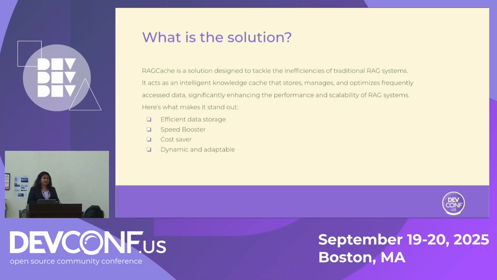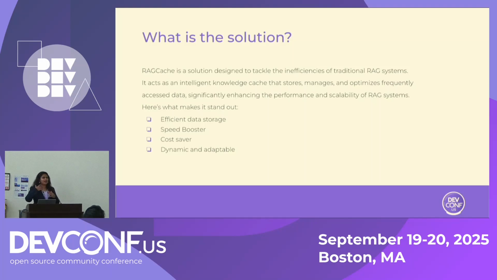I don't know whether many of you have heard, but we can cache our RAG. So we can tackle the inefficiencies of traditional RAG systems, and it optimizes the frequently accessed data, significantly enhancing the performance. How it stands out is that there is efficient data storage in our application.